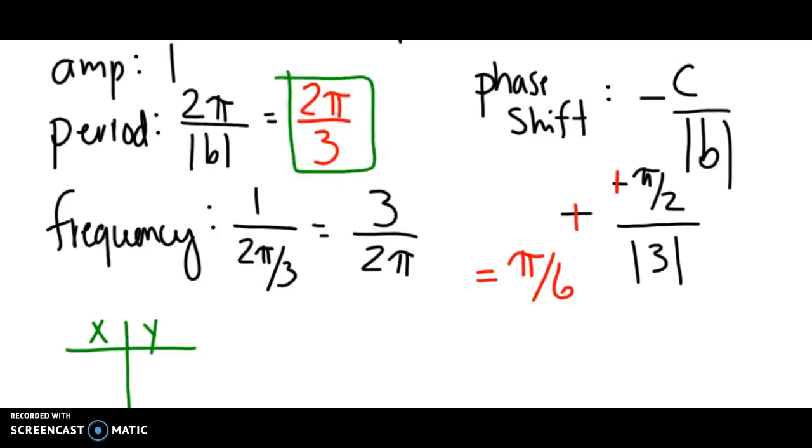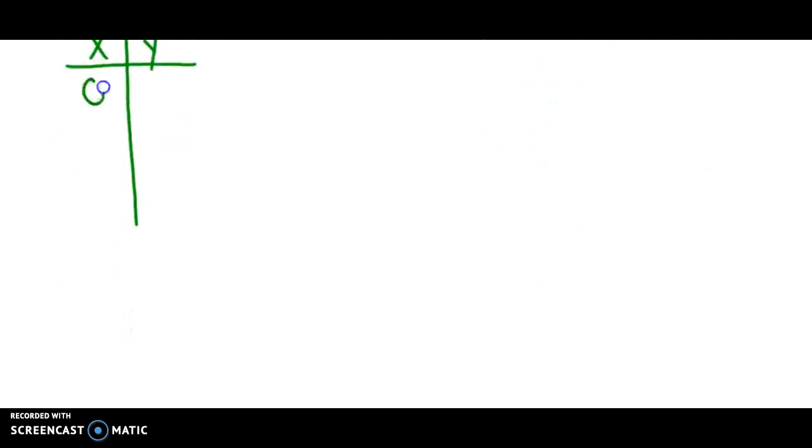It means that from 0 to 2 pi over 3, I need to go from 0 to 0 again. So first, I'm going to find the midpoint in between those two. That would be pi over 3, and that again has to be 0.